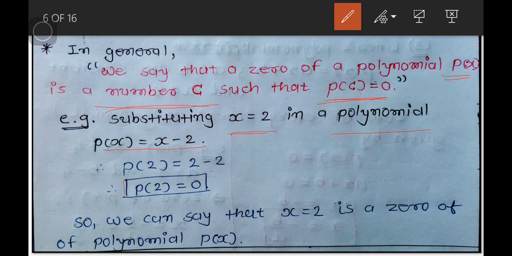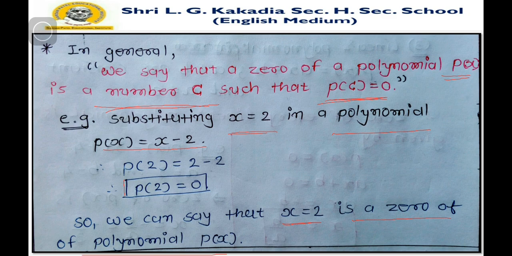Then we can say that x is equal to 2 is a zero of the polynomial p of x. So now I think you understand what a zero of a polynomial is: any value that makes the value of the polynomial equal to 0 is called a zero of the polynomial. So it was about the zero of a polynomial.